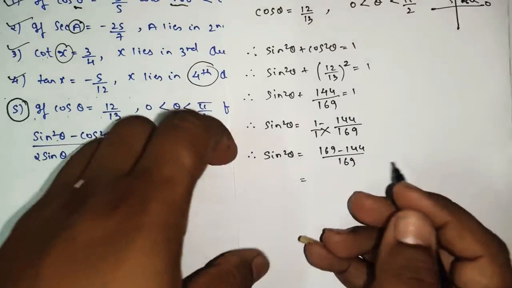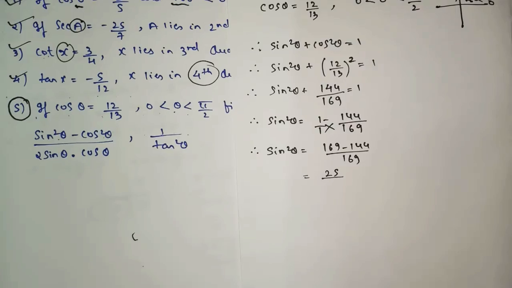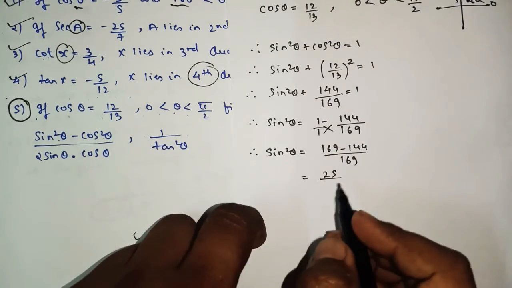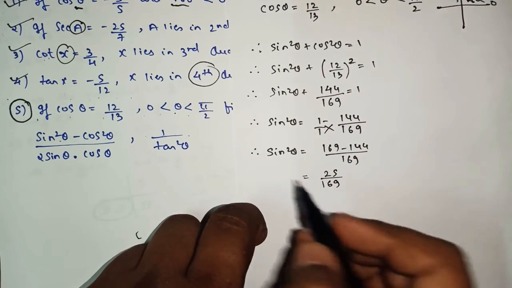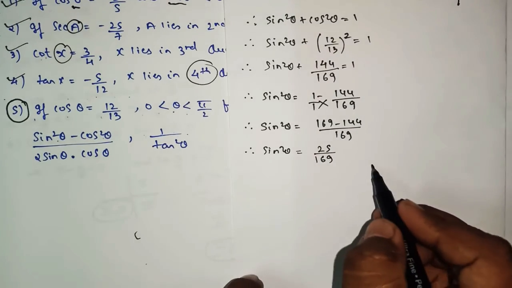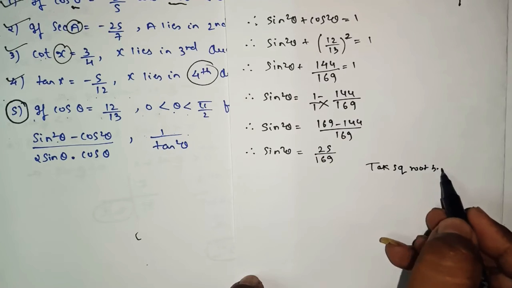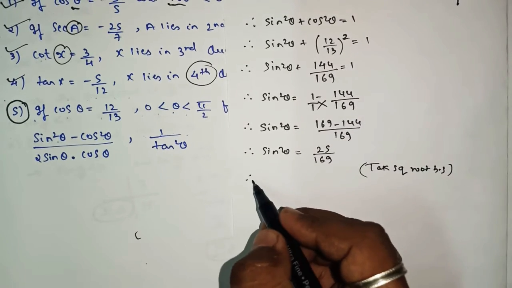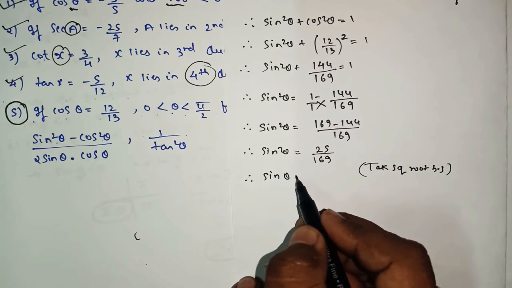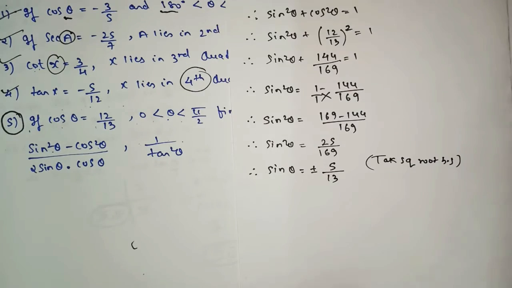So 169 minus 144 is 25 upon 169. Okay, so for sine square theta, taking square root on both sides, here you will get sine theta equals plus minus 5 upon 13.